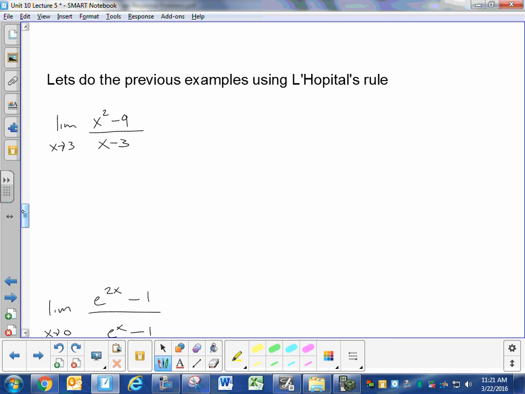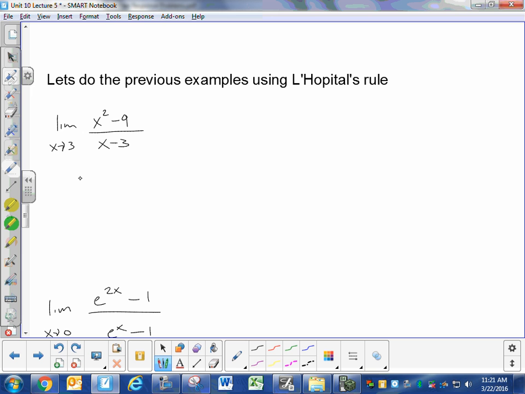Okay, so let's go back and do the previous examples. And instead of doing them algebraically, we can use this new rule. First, I noticed that this is 0 over 0 if I plug 3 in. So it's indeterminate. So the L'Hopital's rule can apply.